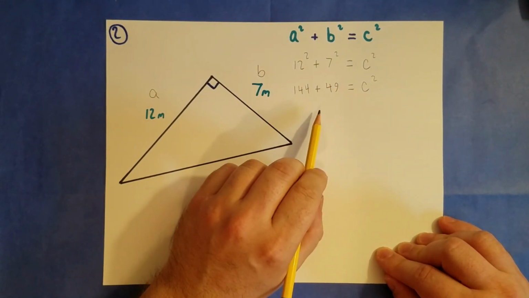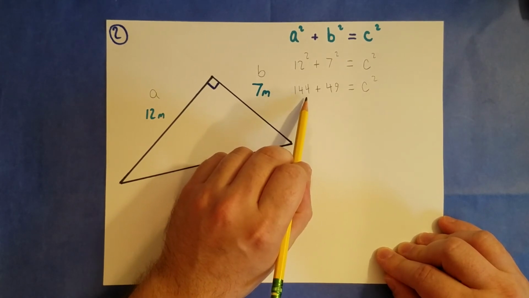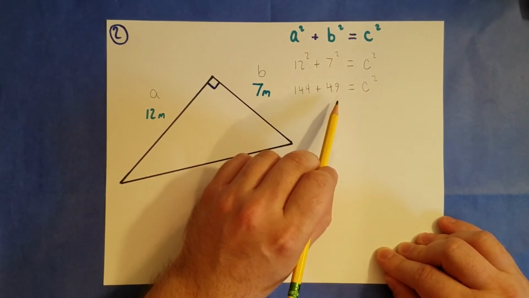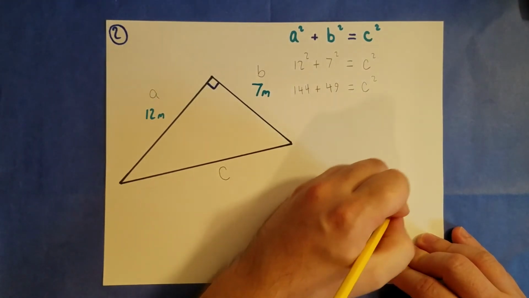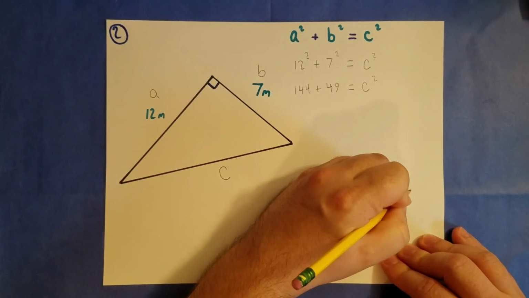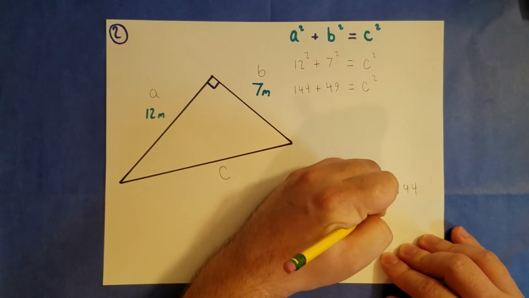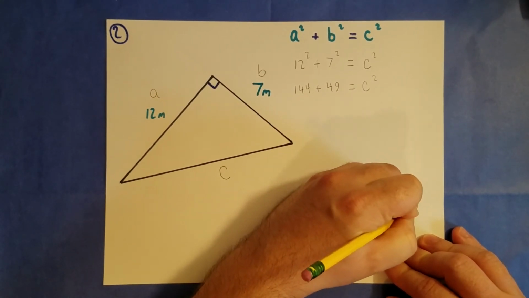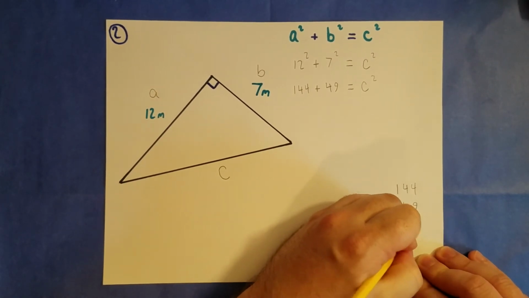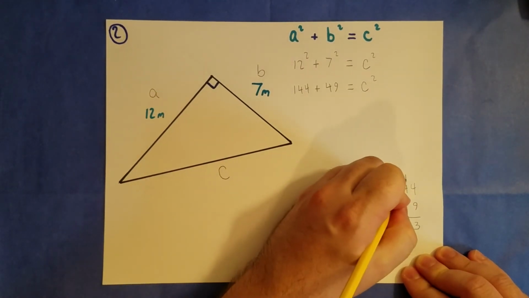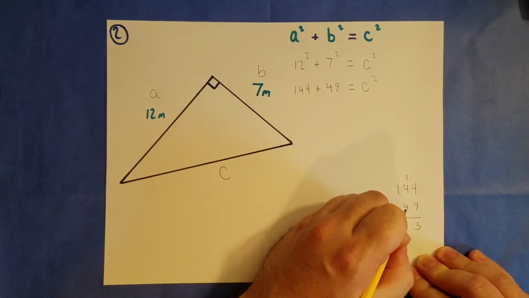Okay, let's combine some like terms here. 144 plus 49. I know a lot of us can do this in our head, but I'll do it down here for good measure. So 144 plus 49. 9 plus 4 is 13. Carry my 1. 4 plus 4 is 8.